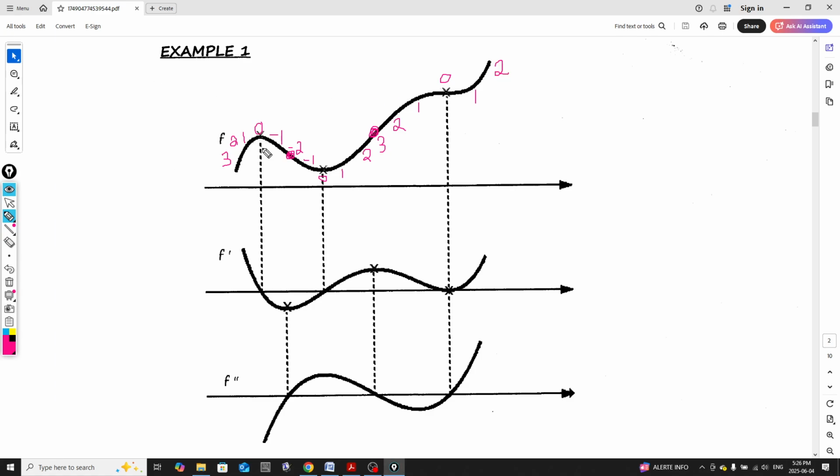Now doing this numerical method is really easy, because I can literally just put those on my graph, and that's going to tell me what my graph is going to look like. So I've got 3, 2, 1, 0, -1, -2. This is my point of inflection, this guy right here.